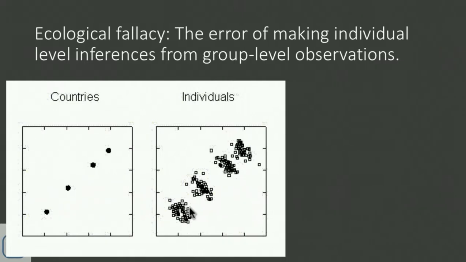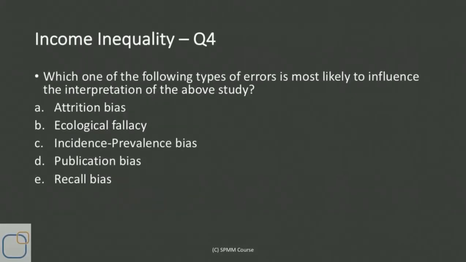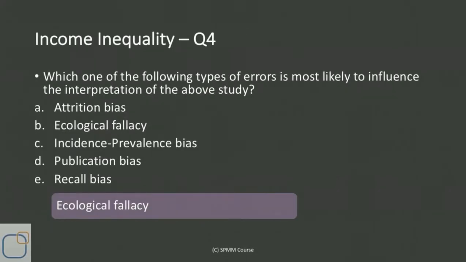So we don't know if a direct link is present at an individual level within each country, but across countries we are seeing a pattern. So this is an ecological observation, and you are prone to make an ecological fallacy if you try to extrapolate this to an individual level. Okay, so the answer is ecological fallacy.